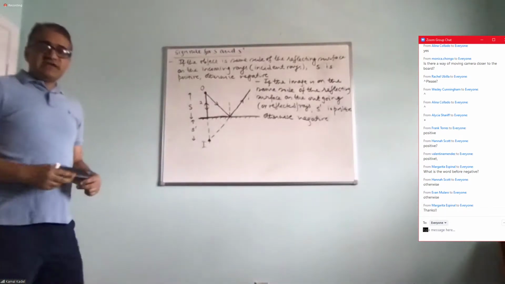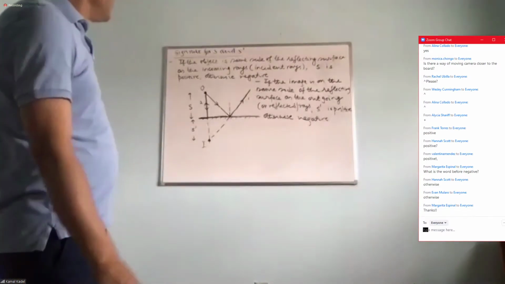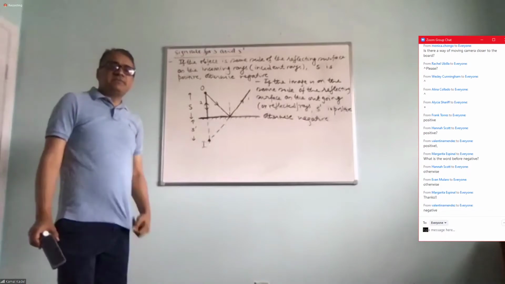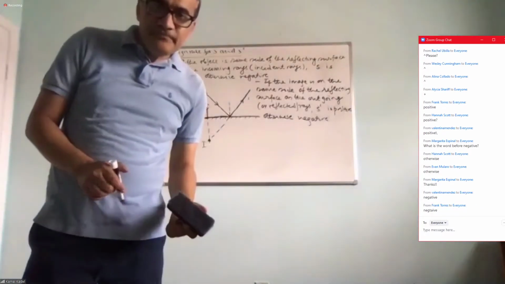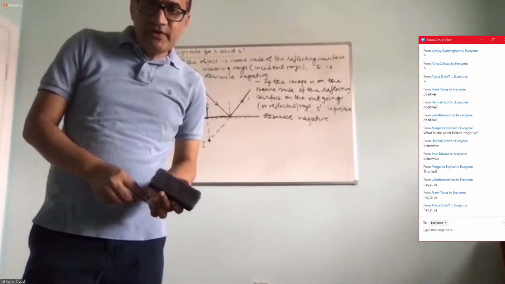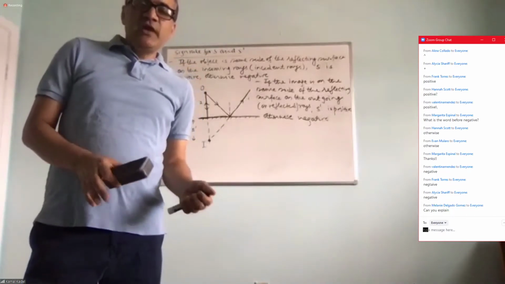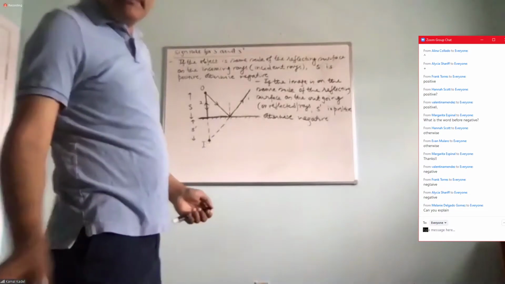So now if you understand this definition, can you tell me whether this S prime here is positive or negative? Negative. Good, good. Yes, everybody is good so far. Can you explain?